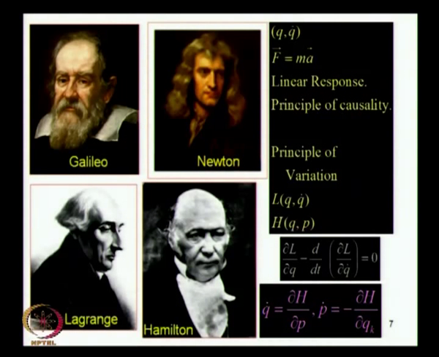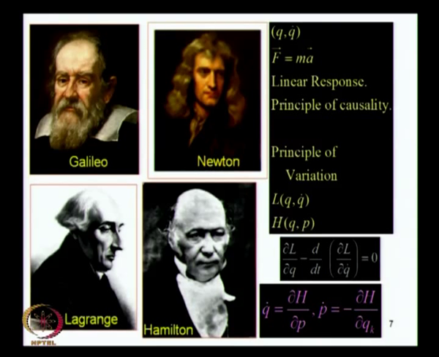We also learned that the mechanical evolution of a classical system can also be described by using an alternative principle, not just the principle of causality, but also the principle of variation, which is based on Hamilton's principle of extremum action, and this leads to alternative differential equations, either Lagrange's differential equation or Hamilton's equations, and these can also be used to solve the equation of motion and observe the evolution of the mechanical system over a passage of time.